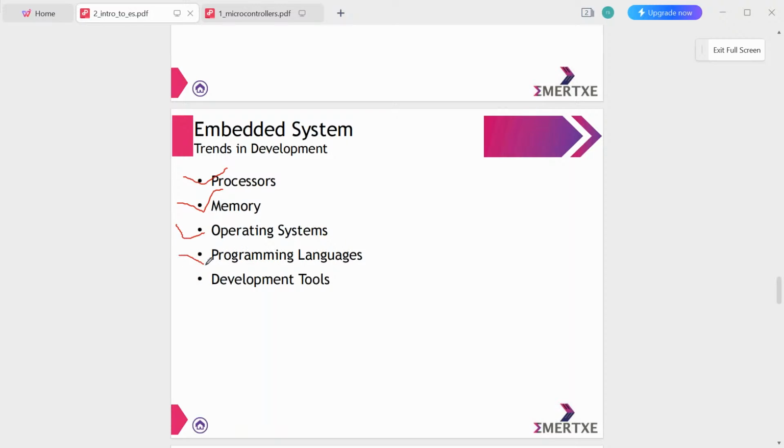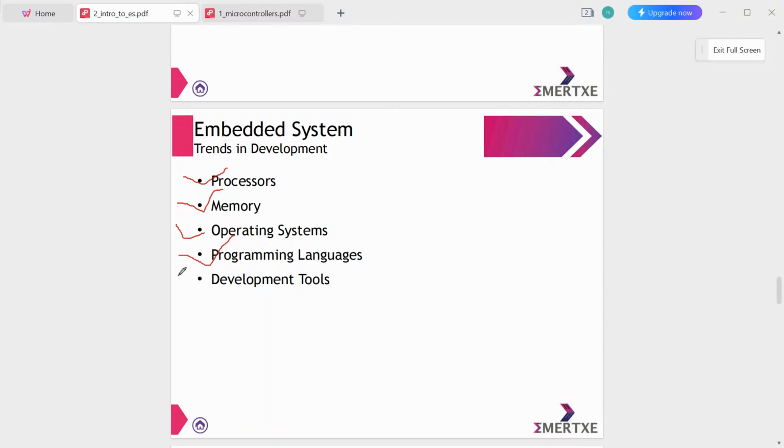Then again, many programming languages are there, right? You can see there is C, C++, Java, Python, and a number of languages. So based on the application which you want to implement, or which language you know, at the end as a developer, you're going to pick that one, fine?